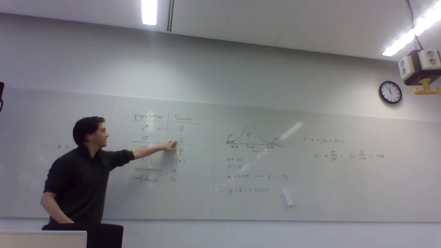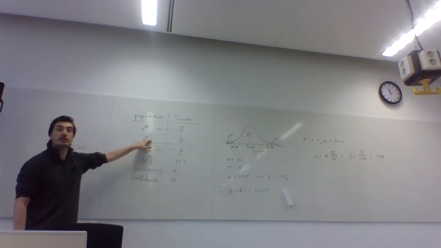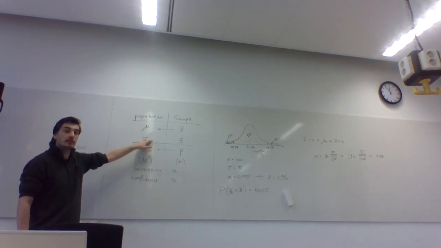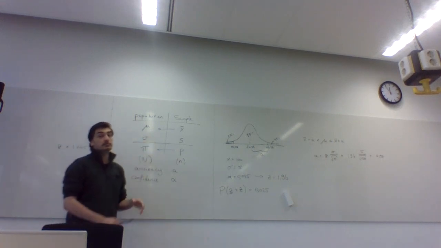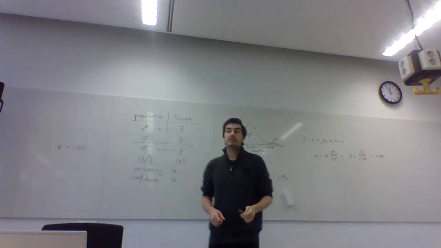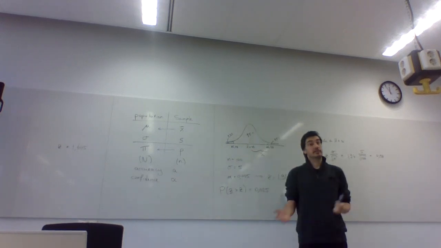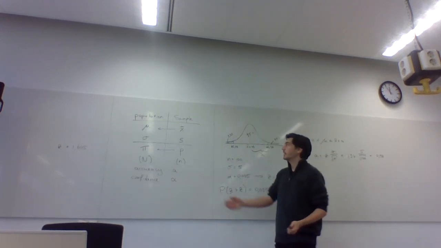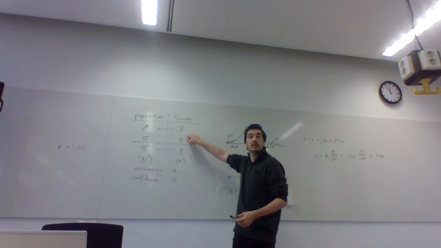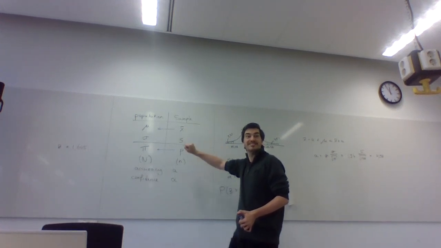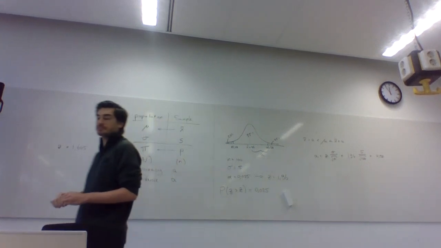You mean this and this? No, I mean like the population mean and the population standard deviation. Like, will we ever have to find those two in the same issue? Oh yeah, you could do. You could have a sample where you have to calculate the average yourself. That gives you the mean, and then also calculate the standard deviation from that sample. Okay. Yeah. Thank you. Yeah, that's definitely possible.